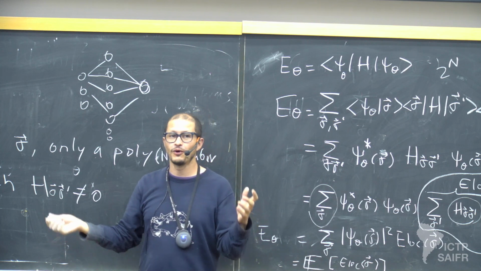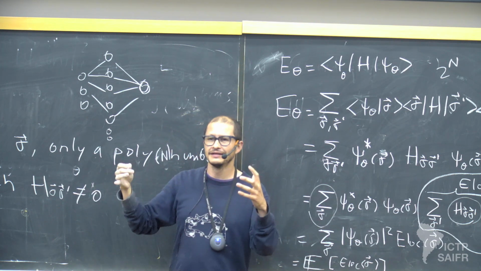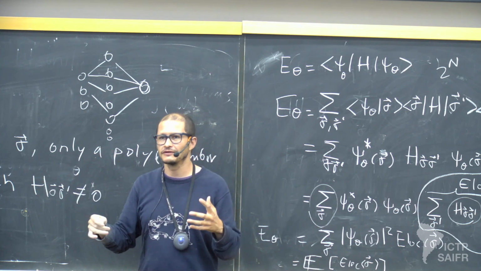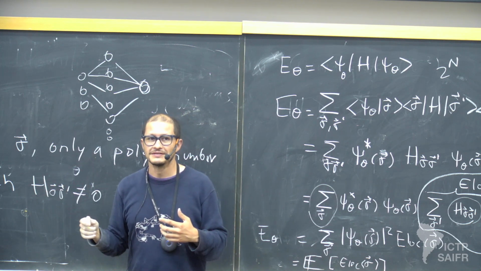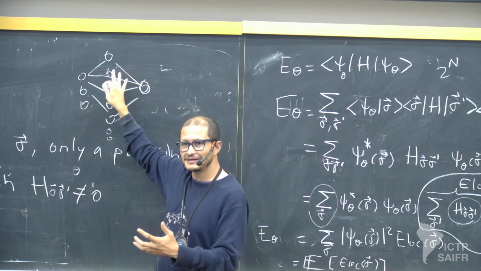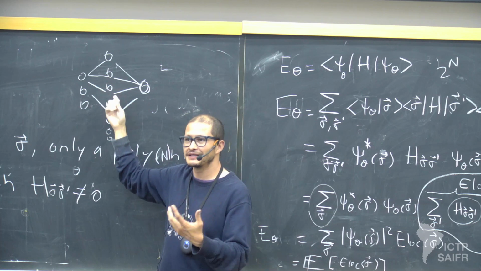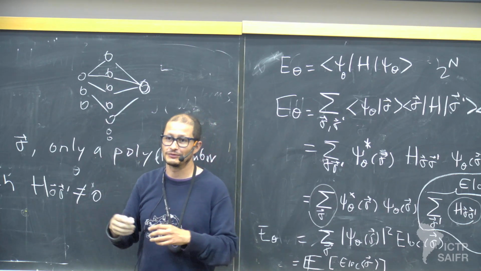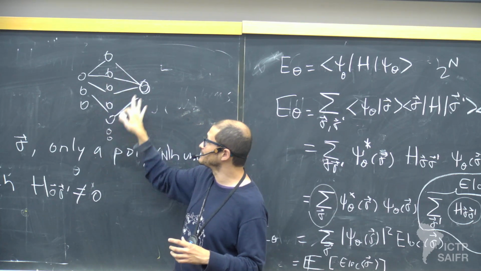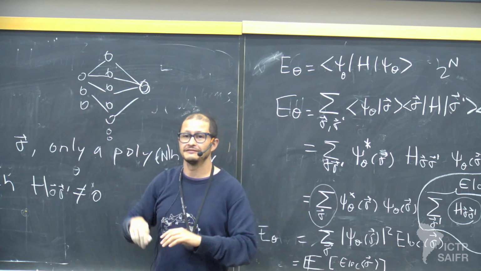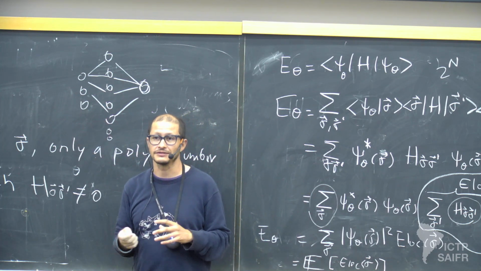So then you have to go back a little bit and ask, can I add some sort of knowledge about the system? It looks very promising and is a very powerful idea, but in practice you have to do a lot more. In principle, this is a way to avoid having to guess a good wave function.